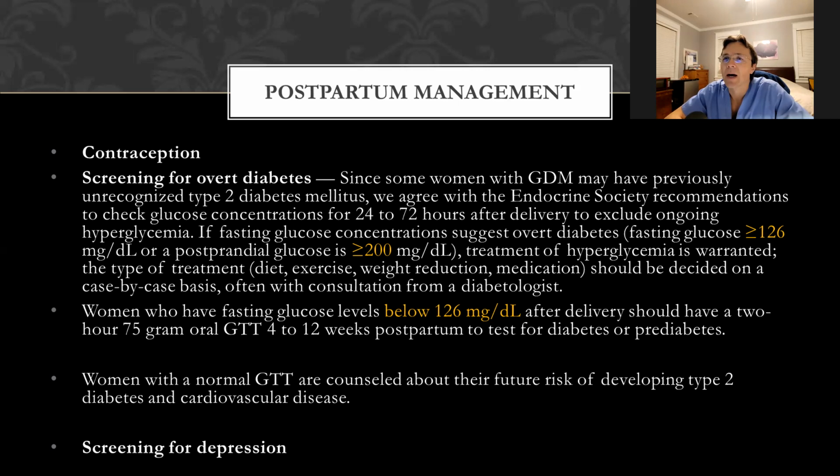Okay. Screening for overt diabetes. Here it comes, all right? So since women with gestational diabetes may have previously unrecognized type 2 diabetes mellitus, the Endocrine Society recommends to check the glucose levels 24 to 72 hours after delivery, just to make sure that hyperglycemia is not ongoing.